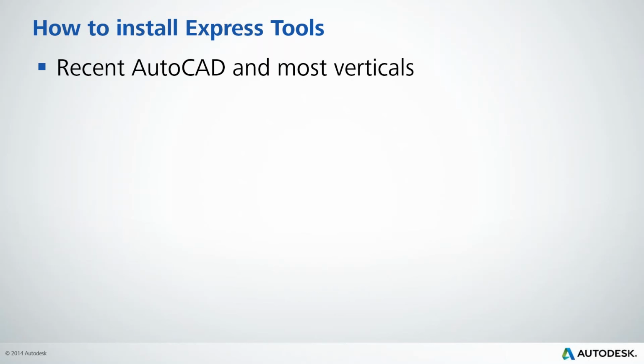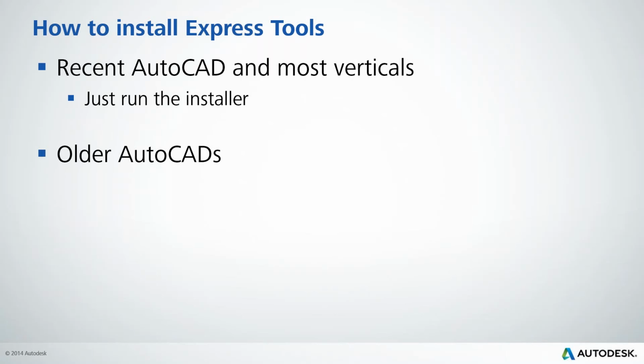But so how to install Express Tools. In most of the recent AutoCADs and the verticals, meaning AutoCAD Architecture, MEP, etc., the good news is you can just install, and Express Tools are included right by default, so you don't have to do anything. If you are running an older version of AutoCAD, then you may have to go into the configuration for the installer and actually turn on the Express Tools.